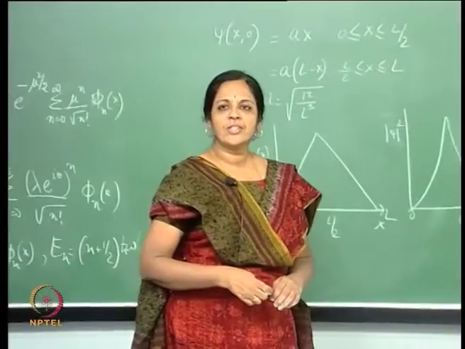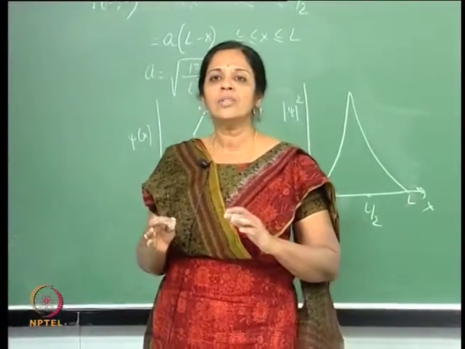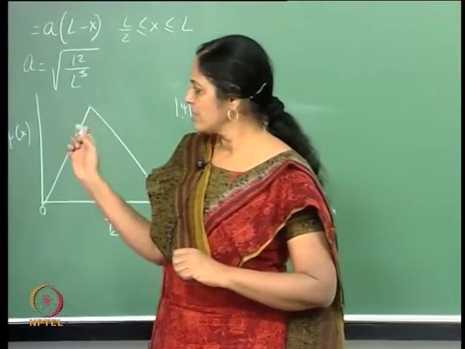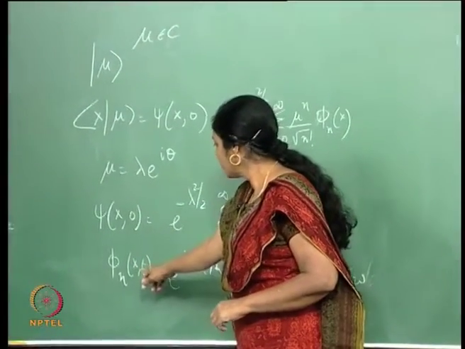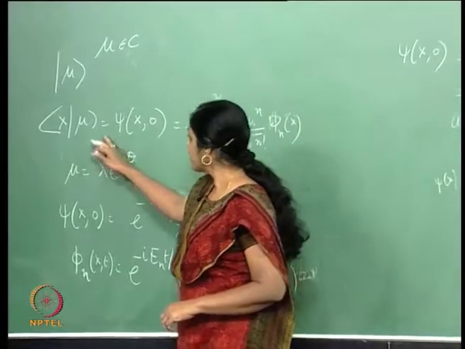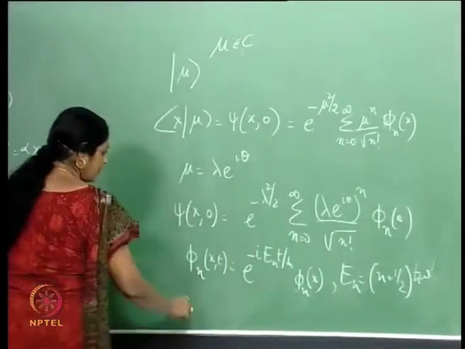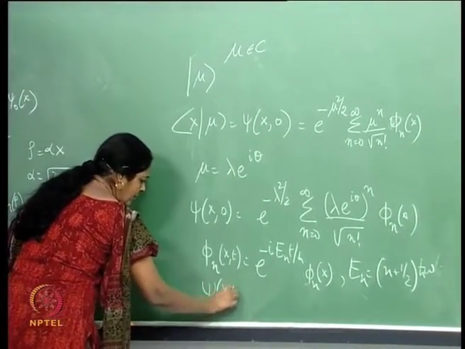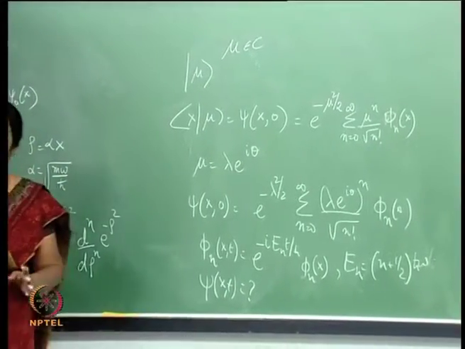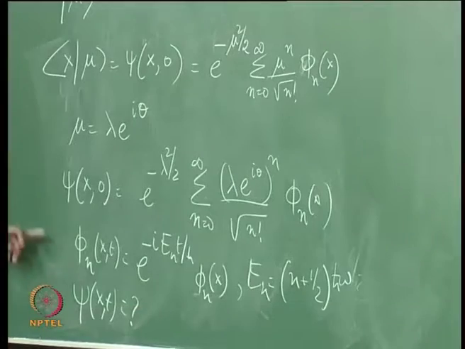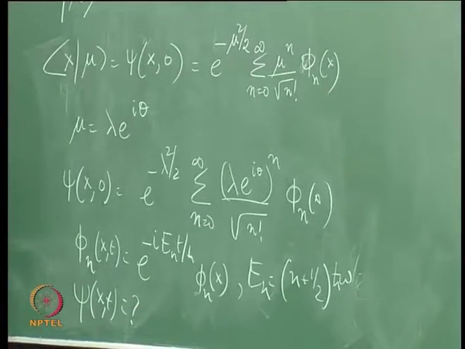So all the information is there, and now we merely need to find out what exactly is the subsequent evolved state psi of x,t, of the initial state which was the coherent state. How does that look at the end of time t?